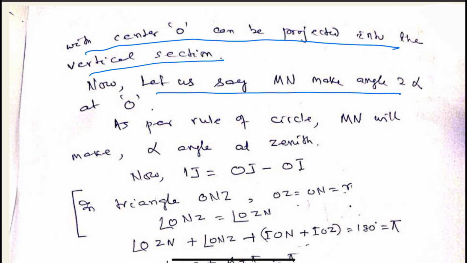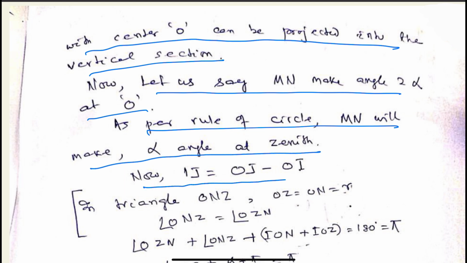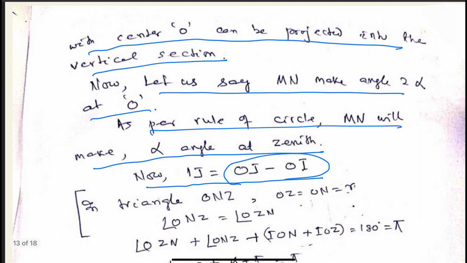Now let us say the MN circle makes angle 2 alpha at O. As per the rule of circle, MN will make alpha angle at the zenith. So now IJ will be equal to OJ minus OI.